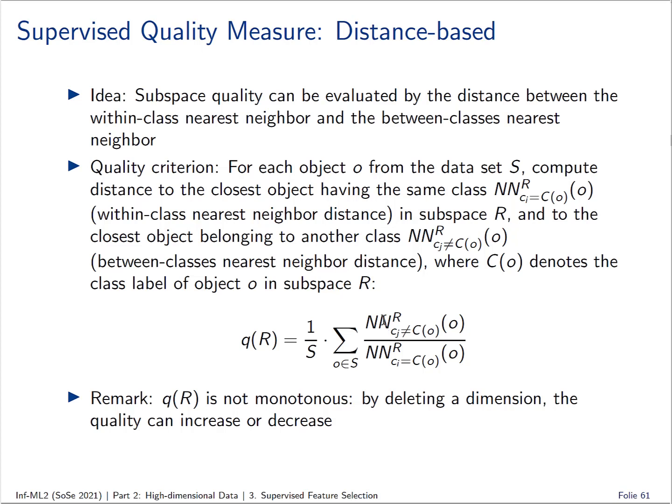That is obviously not the case here. This quality criterion may increase or decrease by deleting a dimension, so it's not monotonic. So we cannot employ branch and bound here.